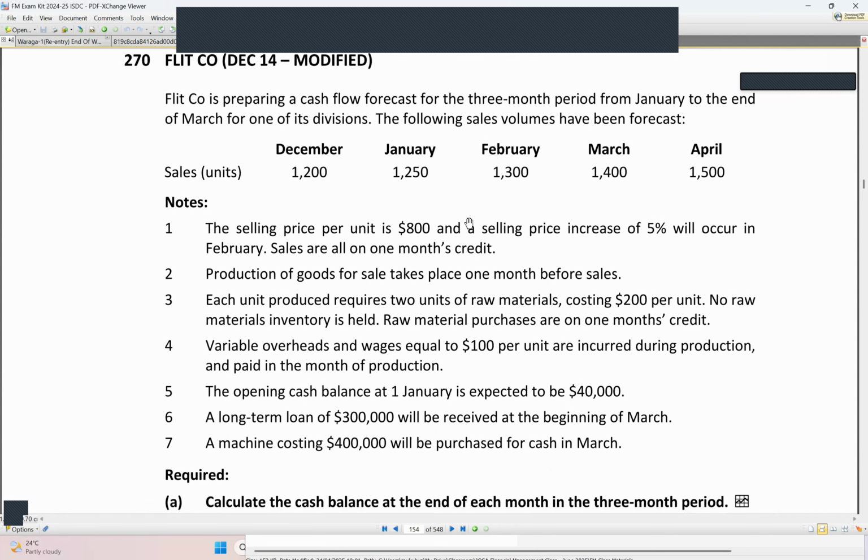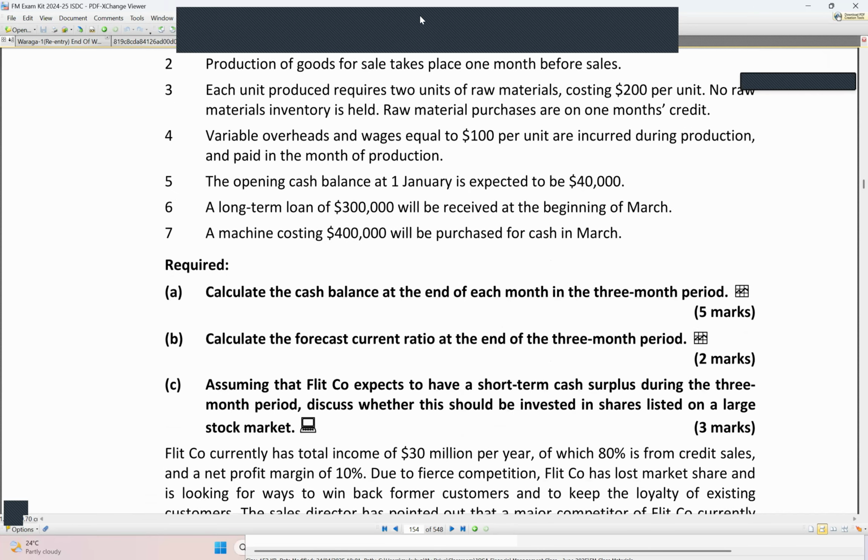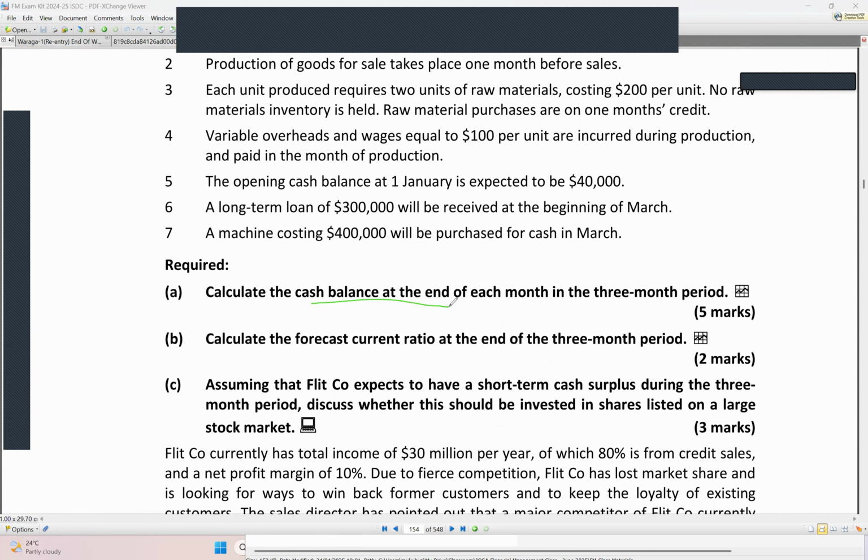And when you see what they're asking us to do here, they're asking us to calculate the cash balance at the end of each month in the 3 months period, then the forecast current ratio at the end of the 3-month period, then assuming we expect to have a short-term cash surplus during the 3-month period, discuss whether this should be invested in shares on a large stock market.